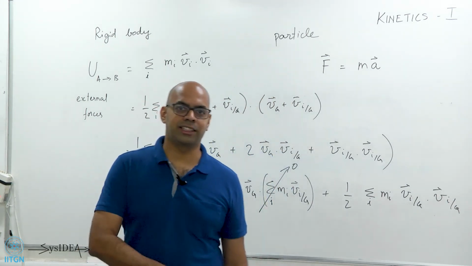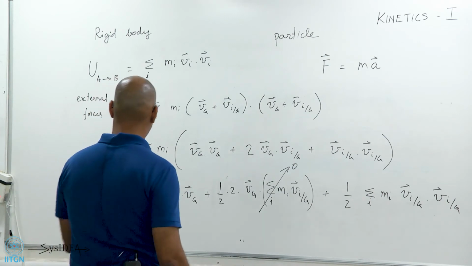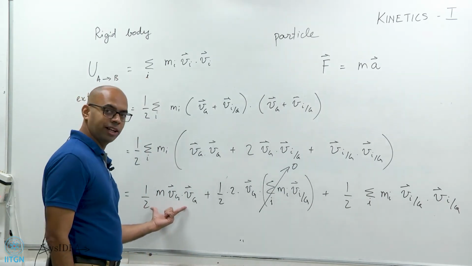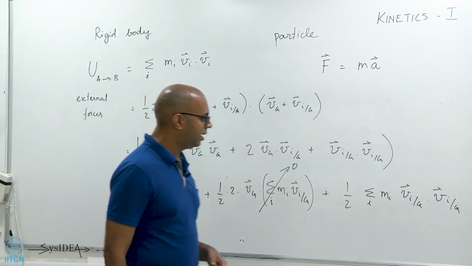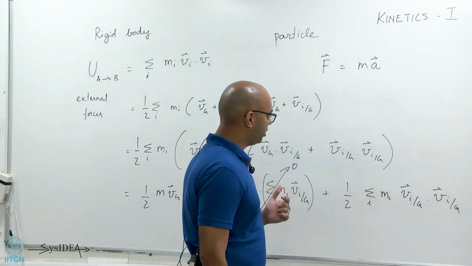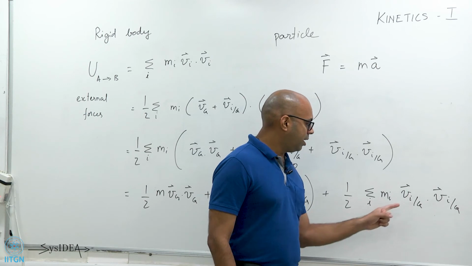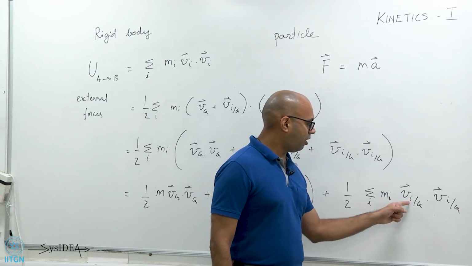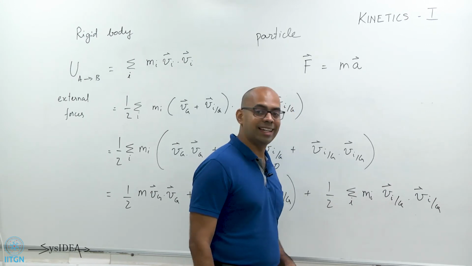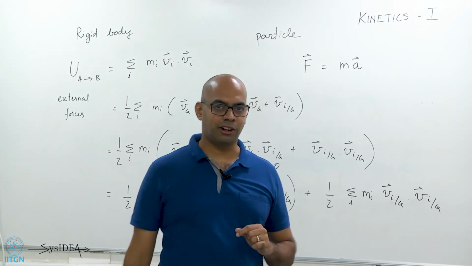Now there is something very interesting that happens here. The first term is the linear kinetic energy of the center of gravity. We already started with the assumption that it's a rigid body, and as I said, this is really an integral dm. But if you think about the velocity of a differential element i relative to the center of gravity in a rigid body, again remember the distances between the points are not changing.